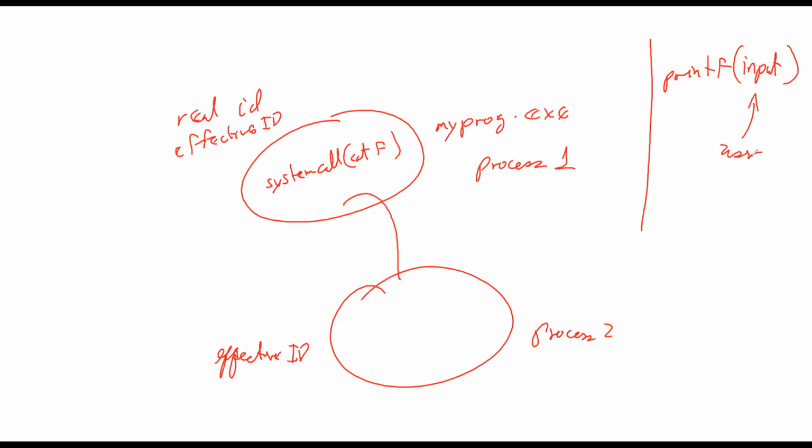Now imagine if I combine those two ideas, and instead of hard coding what goes in the system call, I just plug in a user provided input in the system call. Now that is even more dangerous because now you're going to try to spawn another process, a process 2 through the system call, and it can be whatever the user types in there.